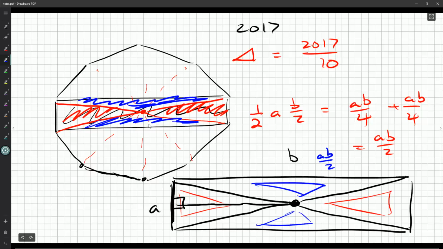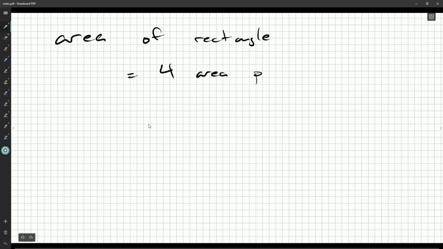So the area of this rectangle is just going to be 4 times one of these. Actually, let's change the color again. One of these green triangles, these pie slice triangles, and we know those have an area of 2017 over 10. So the area of the rectangle is 4 times the area of the pie slices, and since there's 10 of those pie slices, they're 2017 over 10.